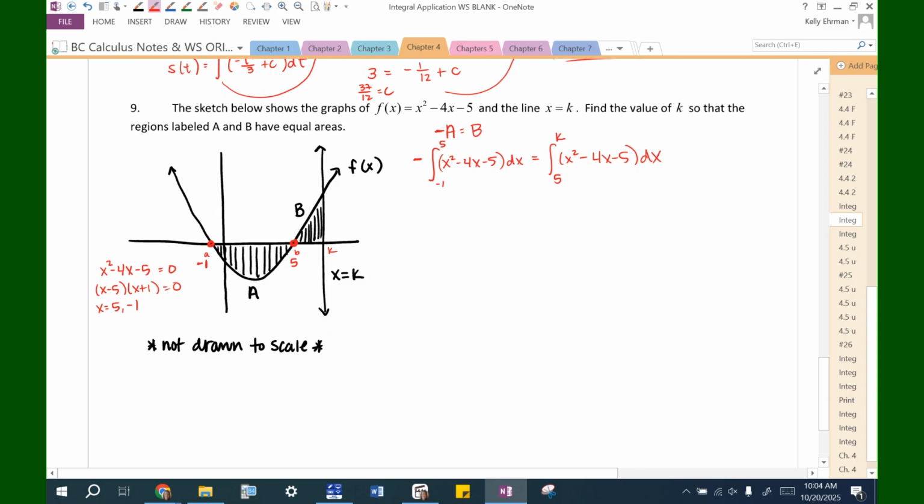In a problem like this, you get credit for probably finding those integration bounds or maybe setting it up as well. The nice thing about these is they're going to have the same antiderivative, x to the third over 3 minus 4x squared over 2, so 2x squared, minus 5x. So this side goes from negative 1 to 5. This side is the same antiderivative, no negative out in front.